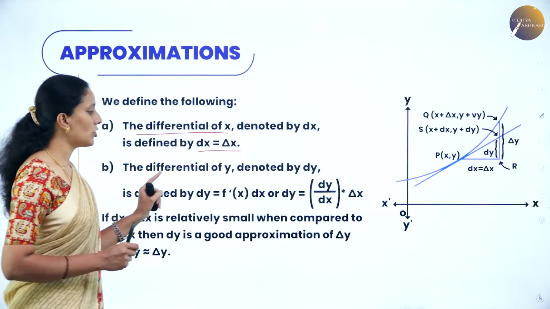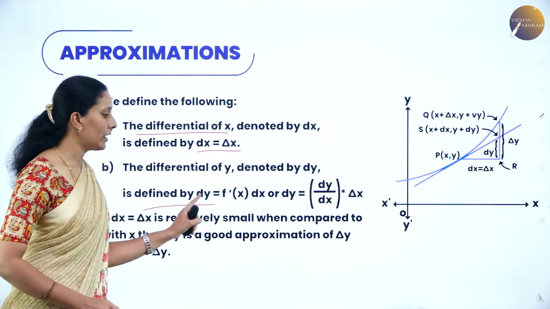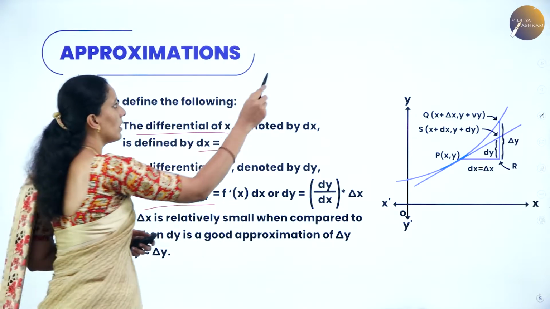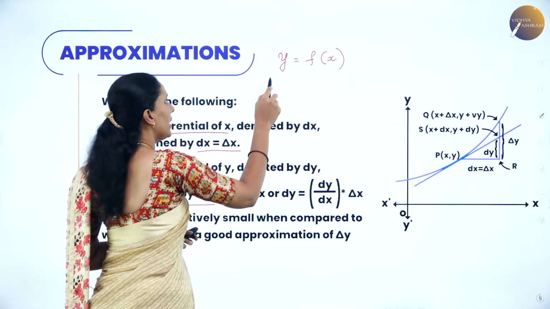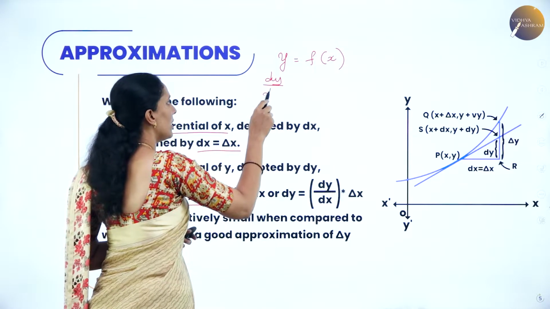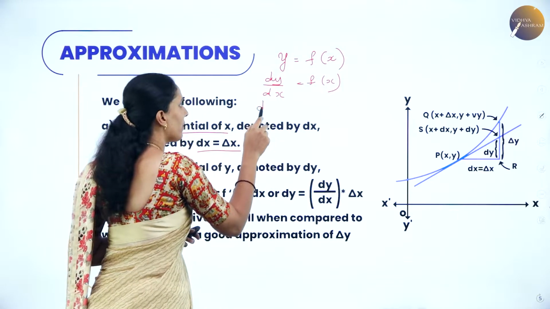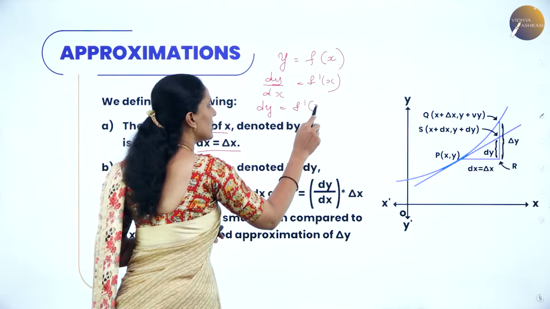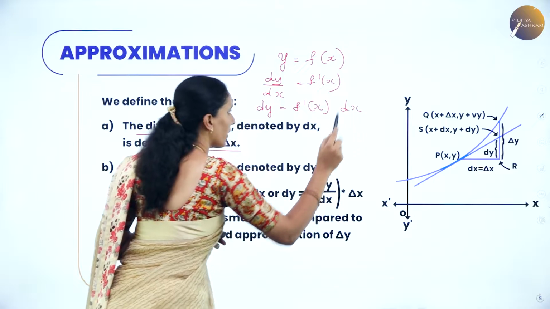And the differential of y is denoted by dy, and it is defined by dy is equal to f dash of x into dx. Because we know that y is equal to f of x, what is the derivative of y? It is nothing but dy by dx is equal to f dash of x. So dy is the differential of y, f dash of x is the derivative of f of x, and dx is the differential of x.